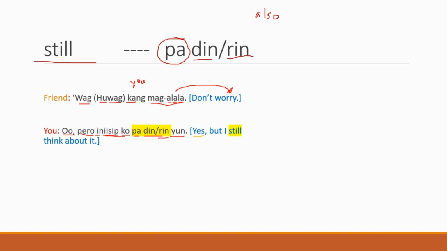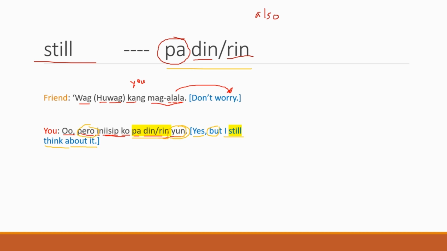Pero means but. Still is pa din. This one. And think is iniisip. And yun is that something you are thinking about. And this is about it.